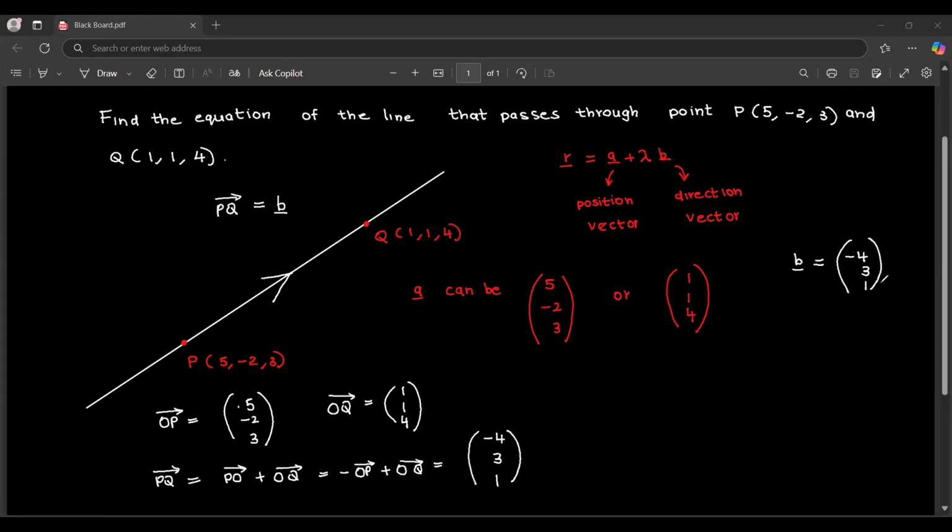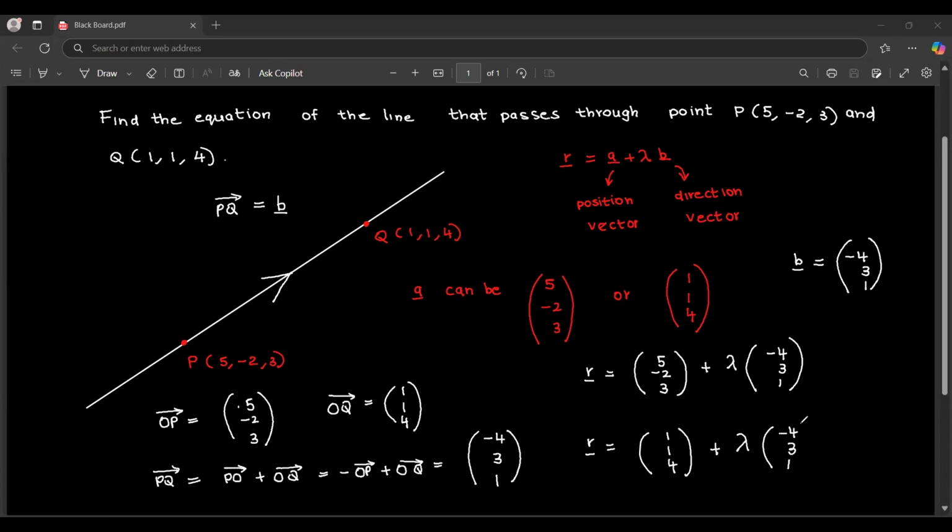We have found out what a is and what b is. You can give two answers. You can say r = (5, -2, 3) + λ(-4, 3, 1), or you can say r = (1, 1, 4) + λ(-4, 3, 1).